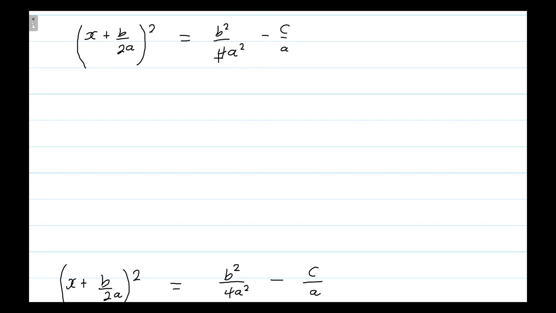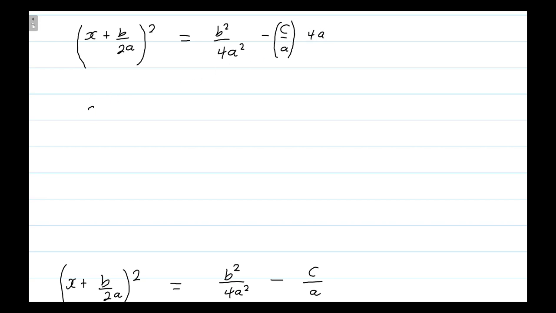In order to simplify these two fractions to be a single fraction, we need to find the LCM. And then the LCM of 4a squared and a is 4a. So the next step is to multiply this term, which is minus c over a, by the LCM, which is 4a.